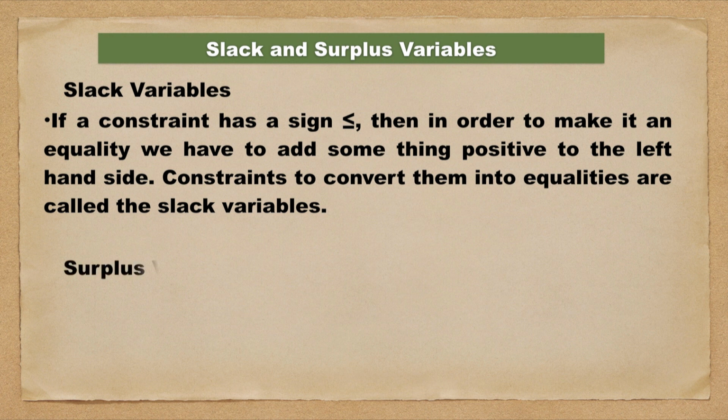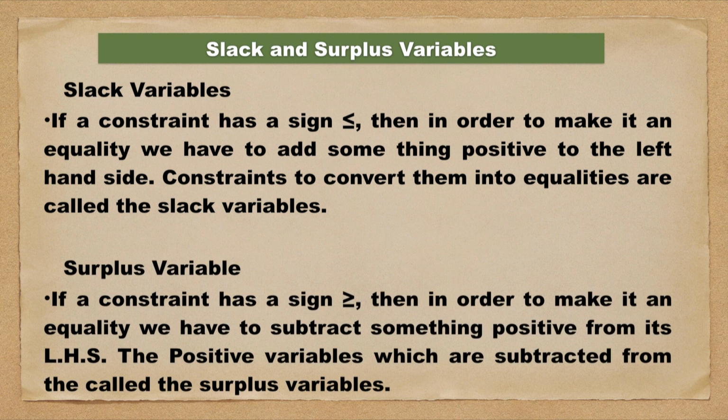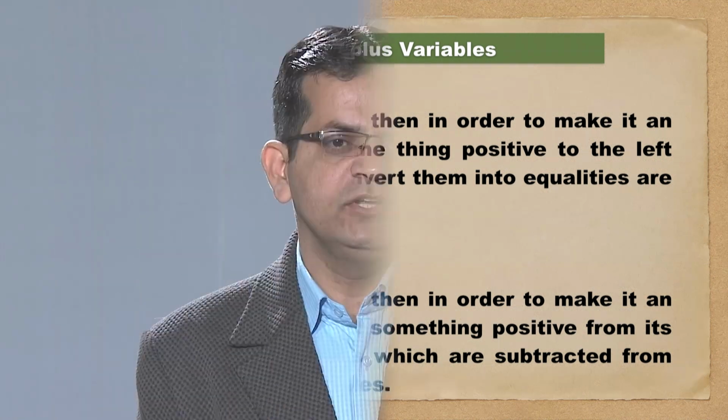Similarly, we have a surplus variable. If the constraint has a greater than or equal to sign, then in order to make an equation, we have to subtract something positive from its left hand side. The positive variables which are subtracted from the constraint are called the surplus variables.